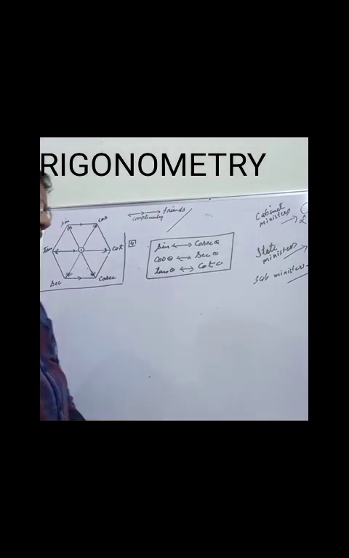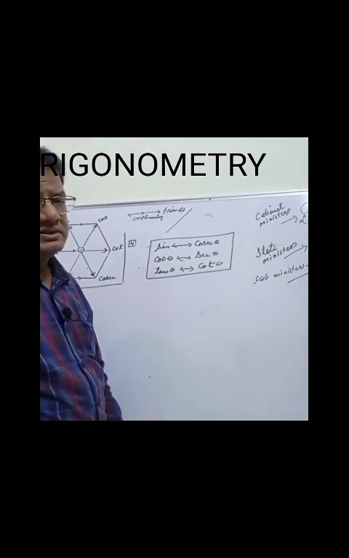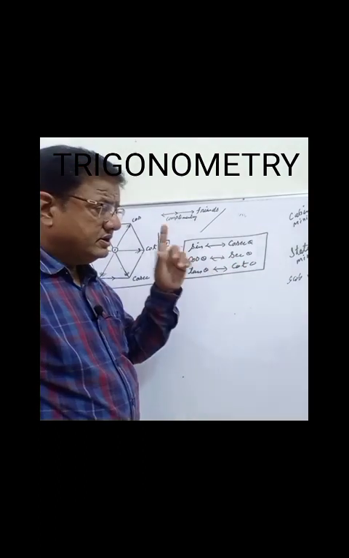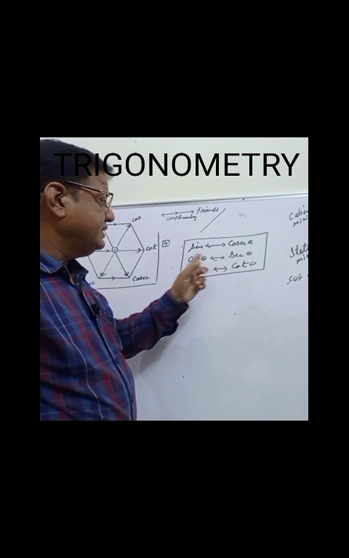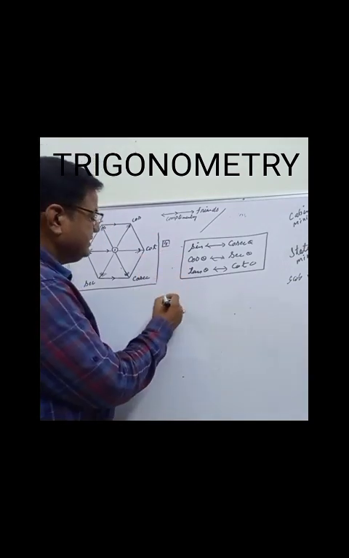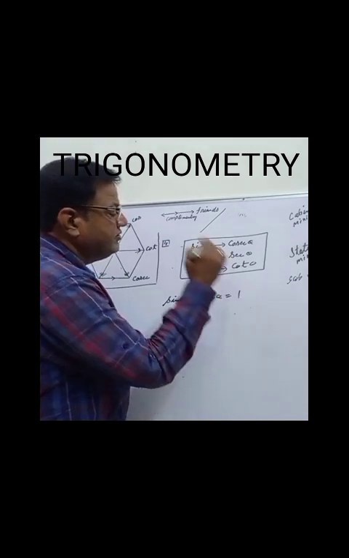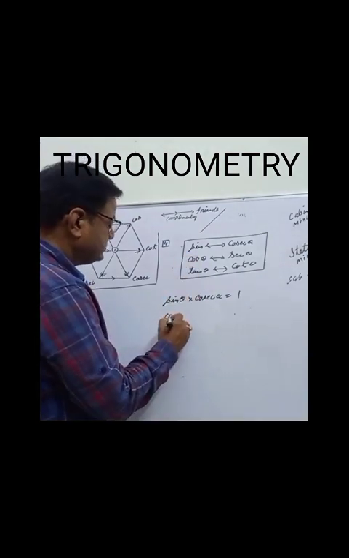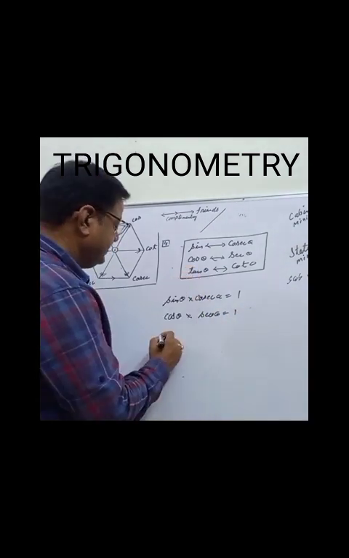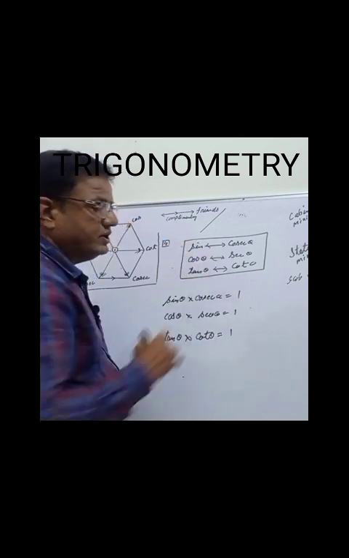Dear students, in previous videos we showed you a chart named the enemy chart and friend chart under trigonometry. Remember, sin and cosec, cos and sec, tan and cot are opposite to each other, and when we multiply sin by cosec we get 1, cos theta multiplied by sec theta gives 1, and tan theta multiplied by cot theta gives 1.